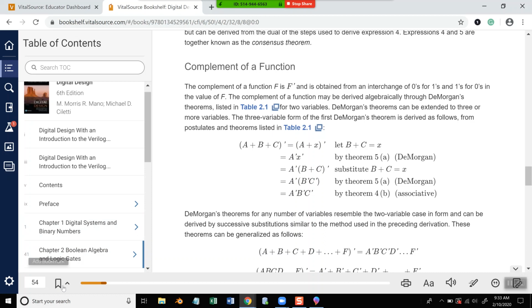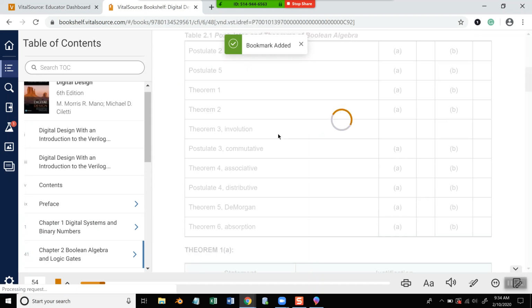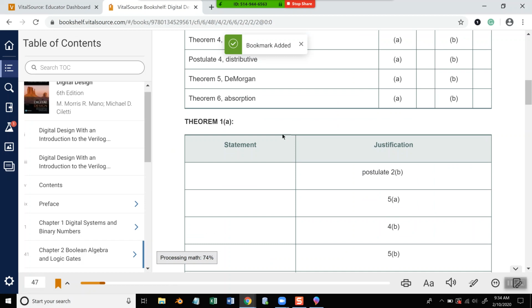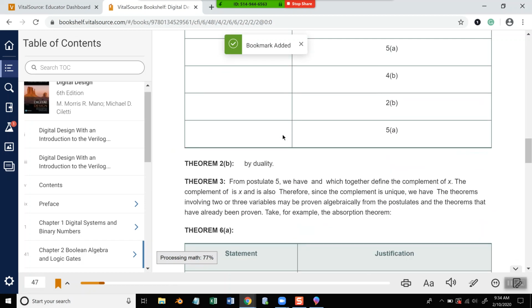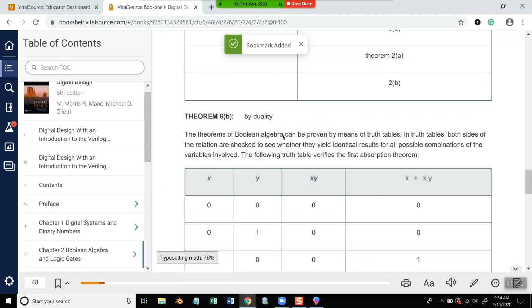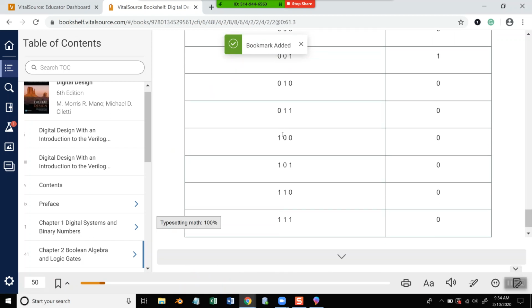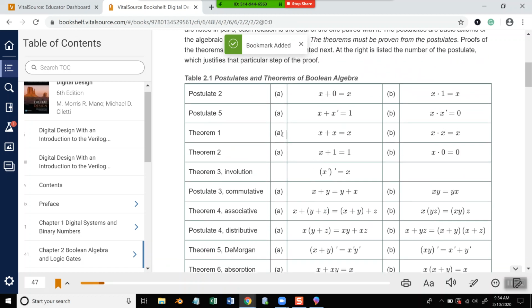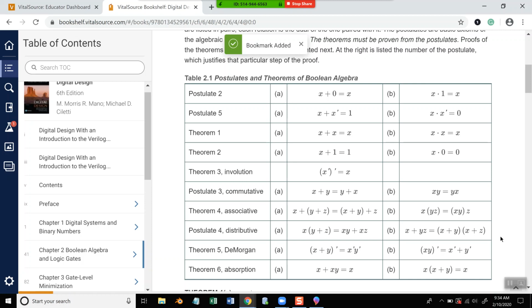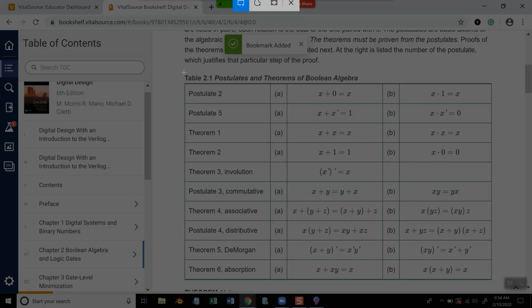And let me drop a bookmark here. And we'll go to table 2.1. There's the one I want. Just in case we have to refer to them today.